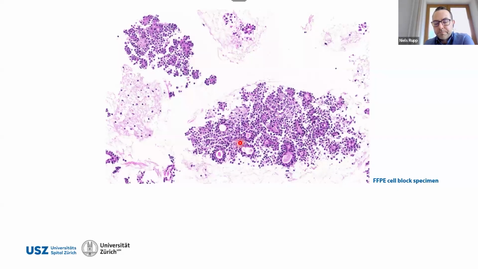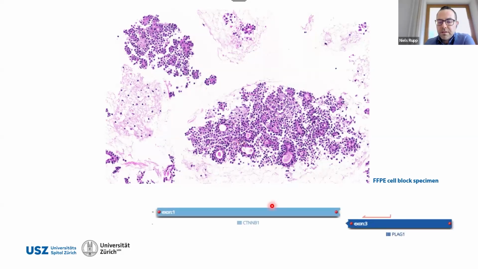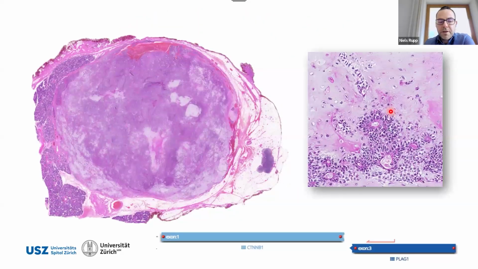We don't see any obvious stroma or something, so difficult to characterize. And here we did the sequencing, and we did find a classical CTNNB1 PLAG1 fusion, which is very typical of a pleomorphic adenoma. And here's the resection specimen.